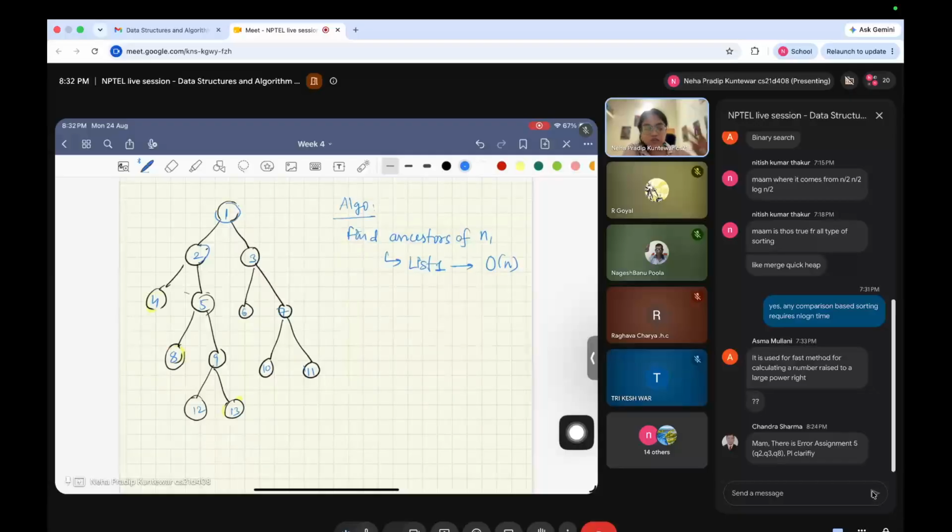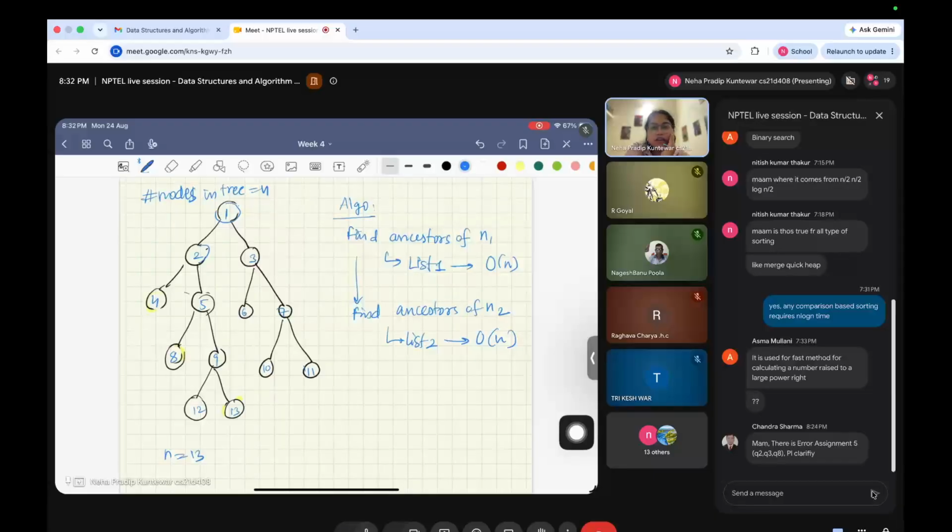That's the worst case. The total number of nodes in the tree is n. So for us n is 13 here. Okay, and similarly find the ancestors of n2. This is another list of order n size.